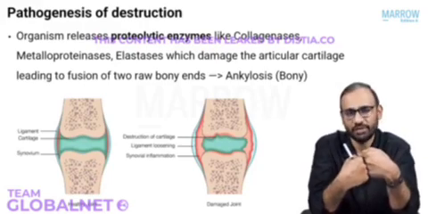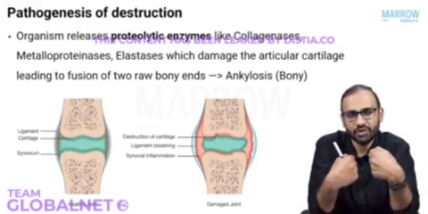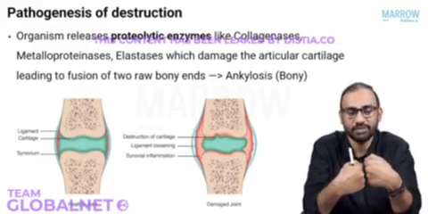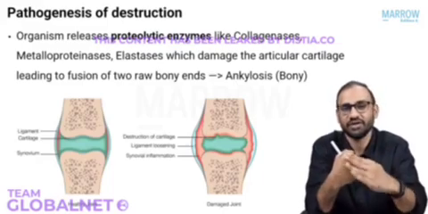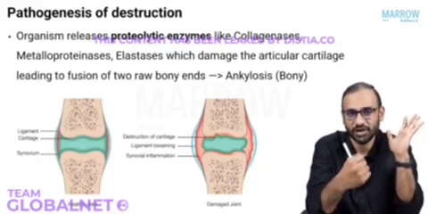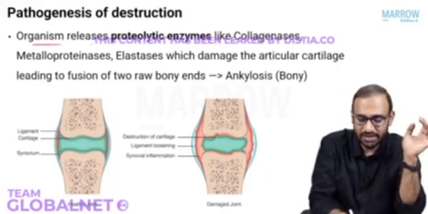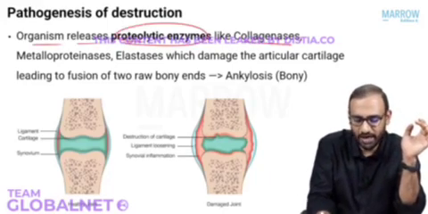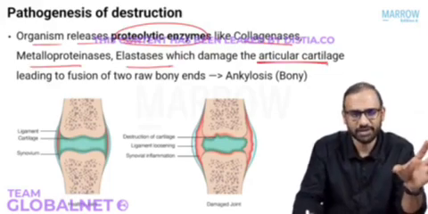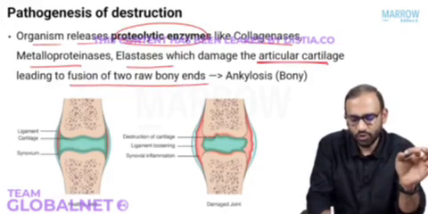Eventually these bones will start to heal into each other, becoming fused like a bone, because there is no articular cartilage between them. The organism releases proteolytic enzymes like collagenases, metalloproteinases, and elastases, which destroy the articular cartilage, leading to fusion of the two raw bony ends.